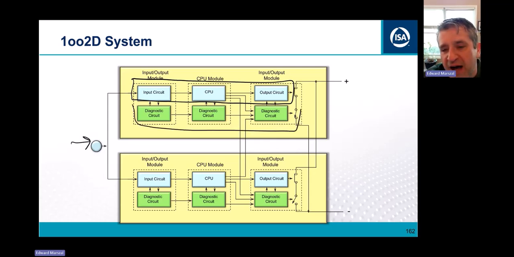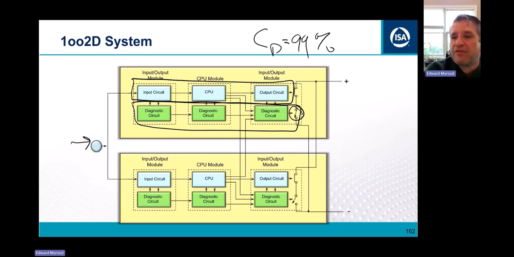We have a diagnostic circuit that is also going to be able to de-energize your output. That additional diagnostics and ability to independently de-energize the output is what your modern safety PLCs are getting you. And when you're talking about diagnostic coverages in the 99% range, that gets you a lot of safety.